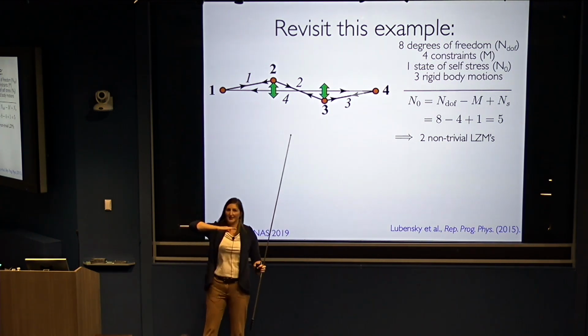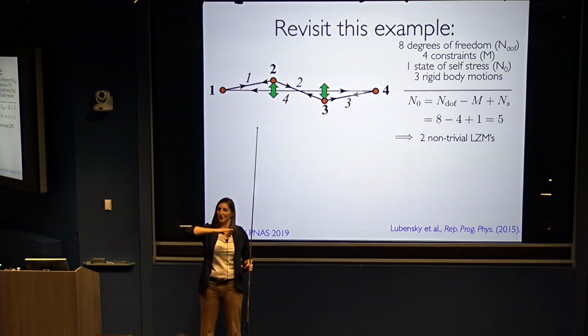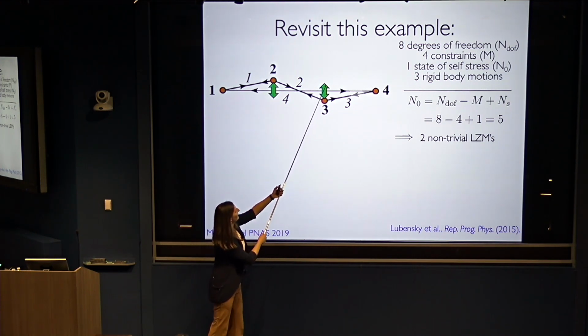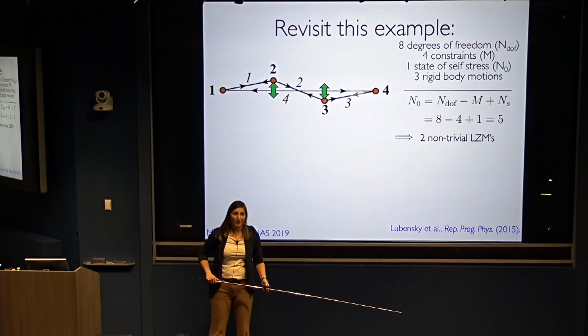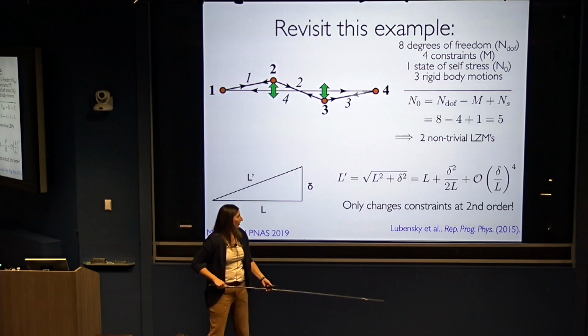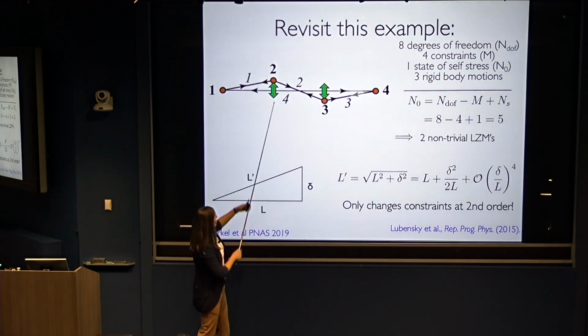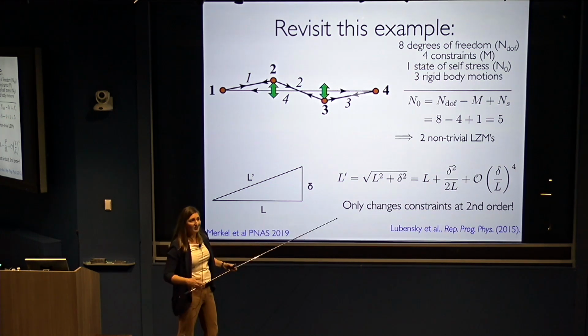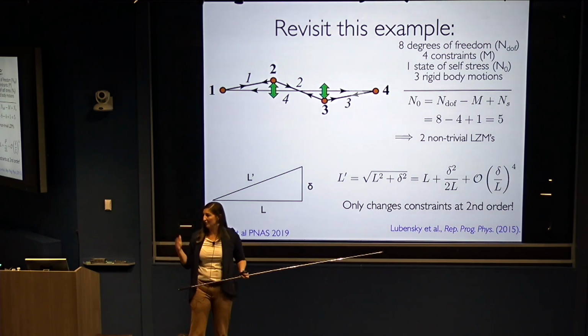So can everybody see that if I have a system that's a straight line, what this math is telling me is that there's a perturbation of this point 2 and this point 3 that costs 0 energy to linear order? But of course, you can see by the geometry that they obviously do cost energy to second order. Okay, so where my constraint counting went wrong is that I need to include second order contributions.